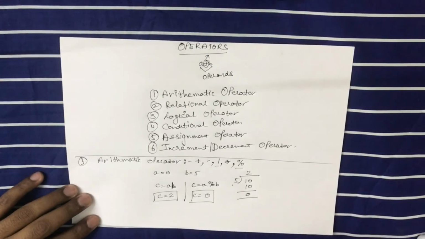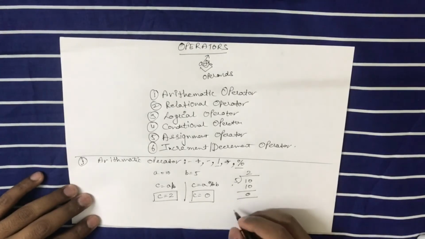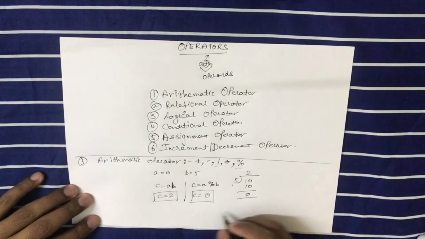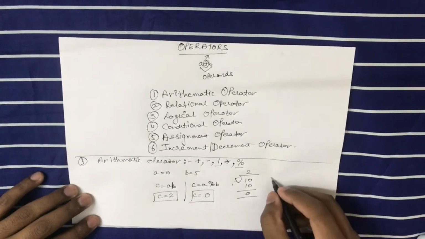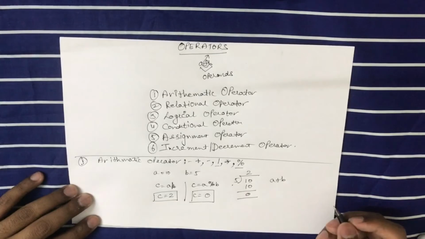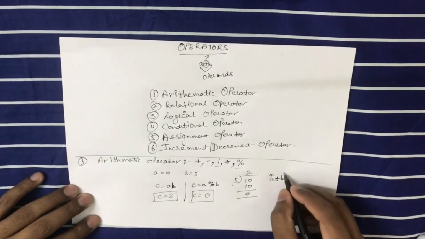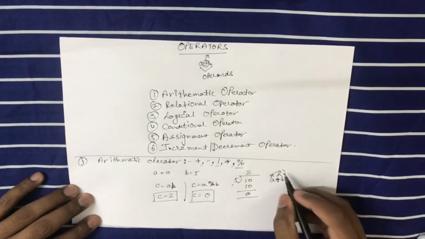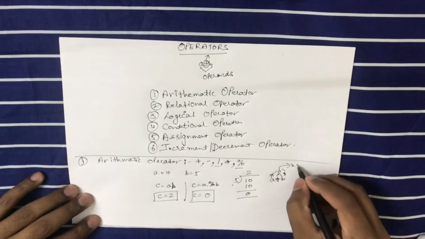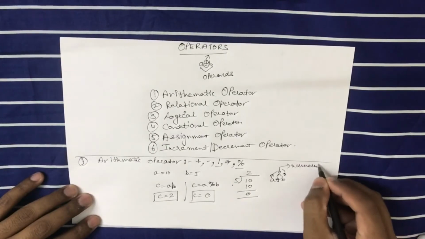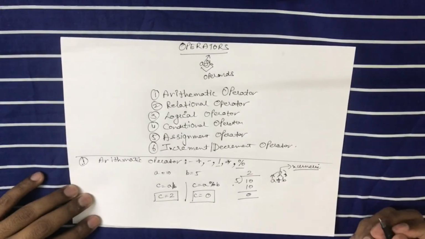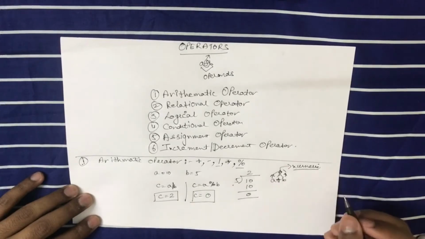What an arithmetic operator does is, say for example, I have an expression a plus b. This operator gets the value of a and the value of b, combines them and returns a single value. This value is of type numeric. So for storing this value, you should have a variable of int or float.